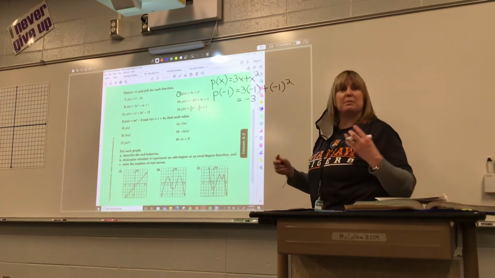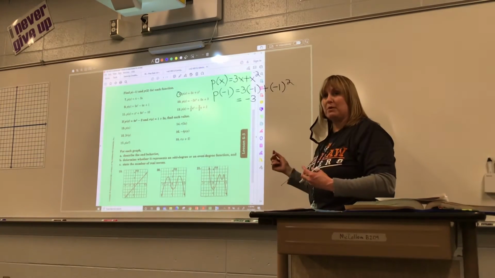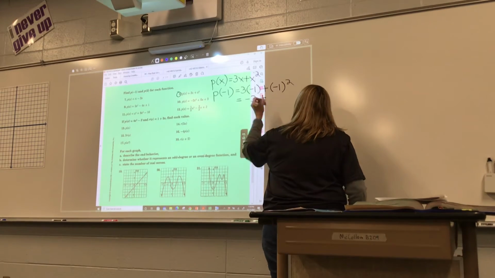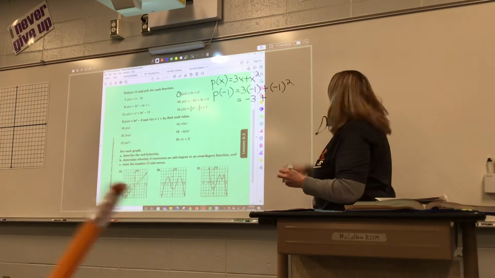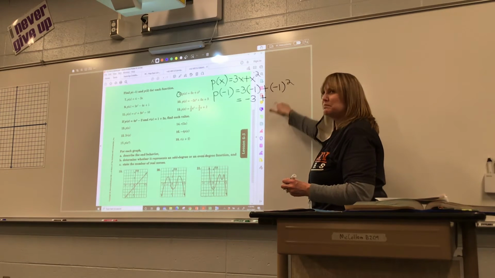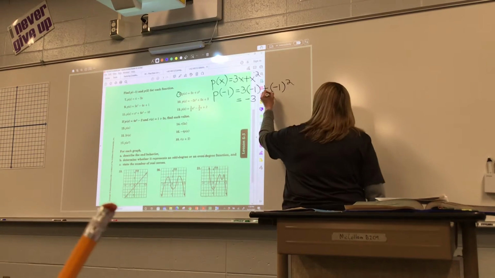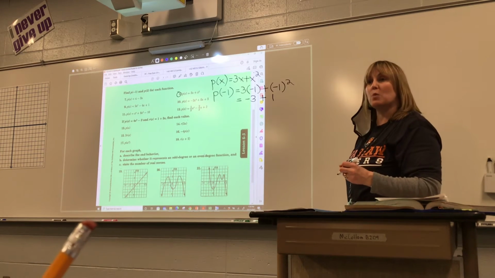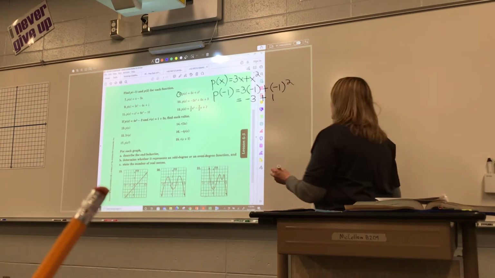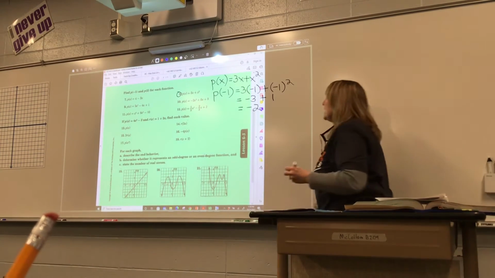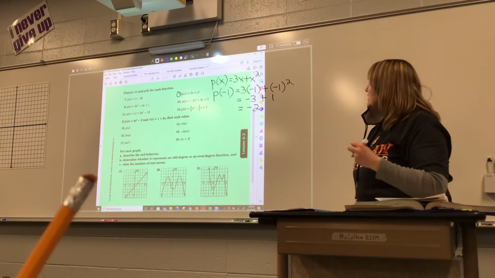Most of us would probably multiply and do the power simultaneously, but we should have a plus in between. If you square a -1, that would be +1. So the second line there should become -3 plus 1, and that becomes what, Maggie? -2. So p of -1 is -2.